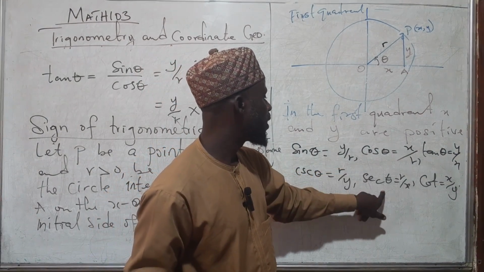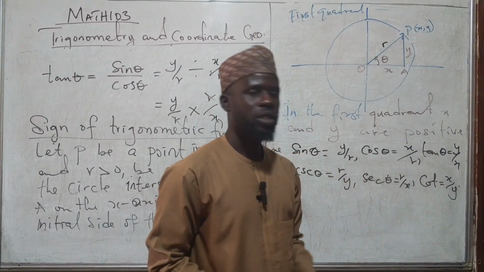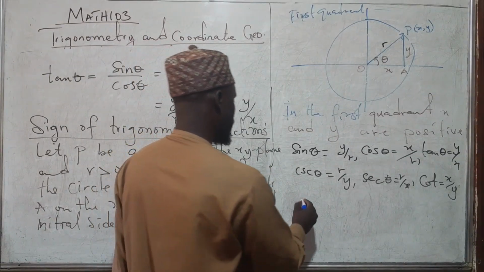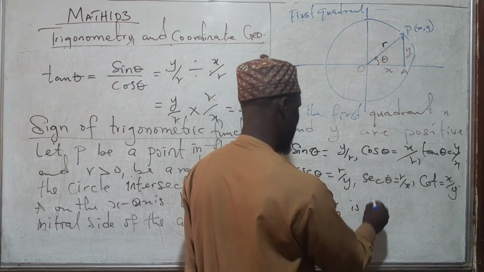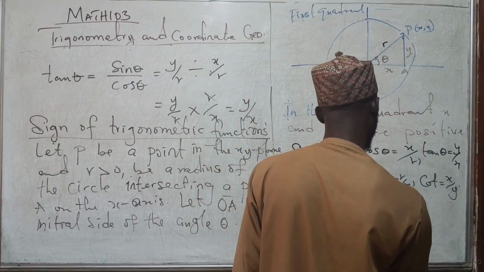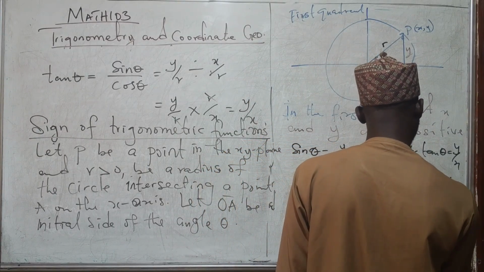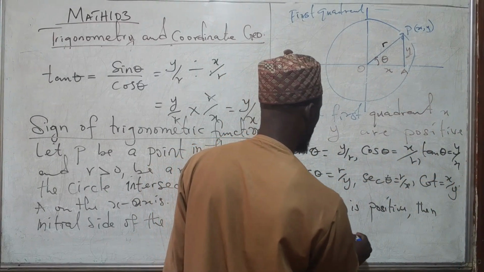Cosine is positive, and therefore sec is positive, and tan is positive, and therefore cot will be positive. What we will notice is that if A over B is positive, then B over A is also positive.